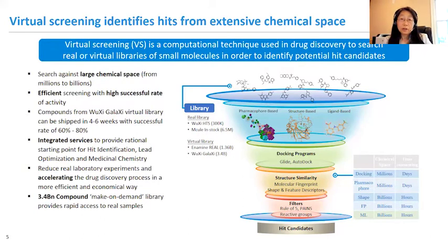We then utilize different technologies to evaluate the likelihood of those compounds in terms of their match to our specific therapeutic target. This could be structure-based methods or could be pharmacophore or ligand-based approaches.